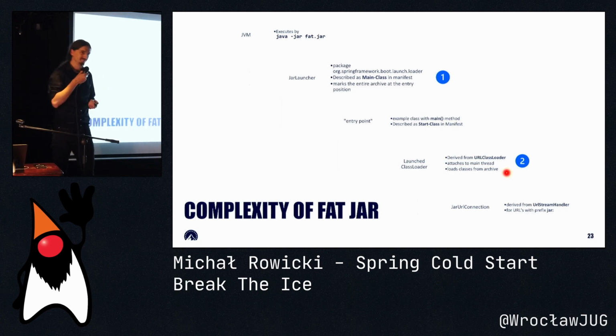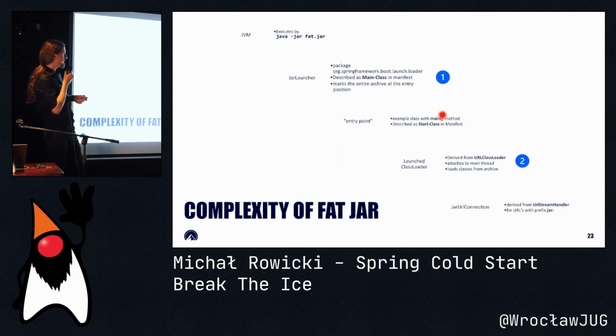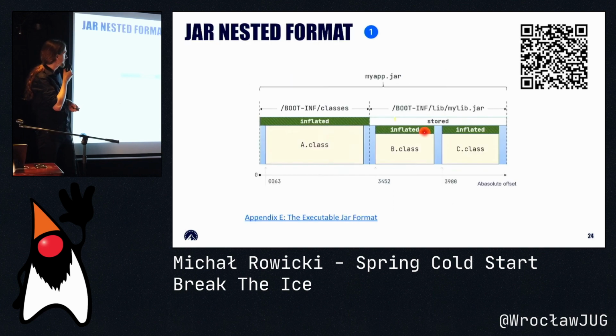And moreover, the JVM doesn't know how to handle URLs when you have a nested jar in the jar. So after that, we need the jar URL connection, which uses the URL stream handler, which is responsible for handling these URLs. Yeah, quite a lot of work. And just after that, we go to the start class and enter our application with the main method.